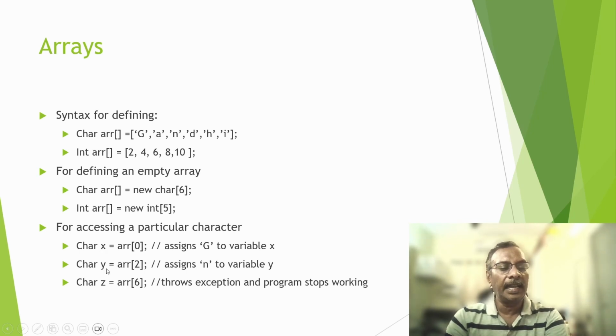If I say char y equal to arr of 2, it takes the n. Why n? Because it starts with 0, which is g, and then 1 and 2. So the index of n is 2 here.